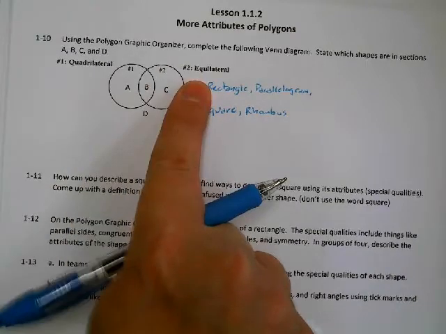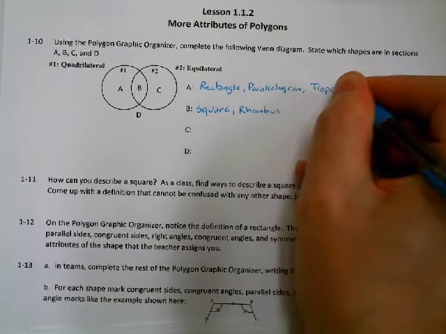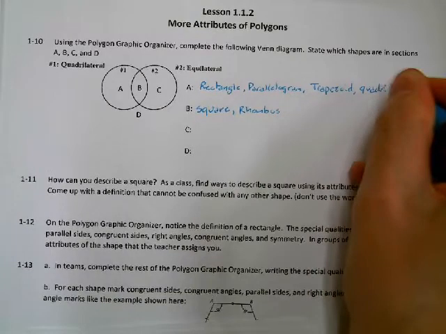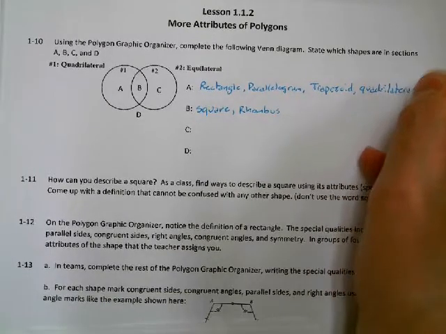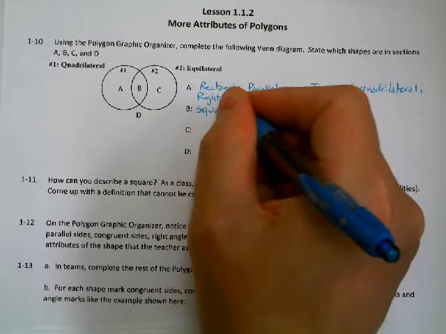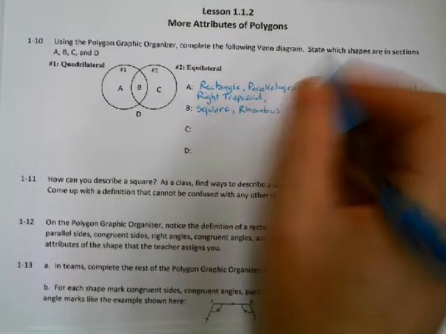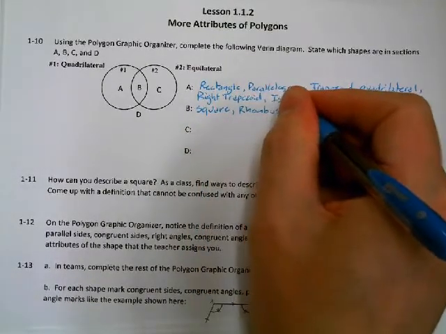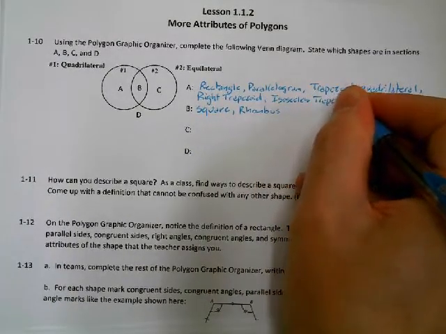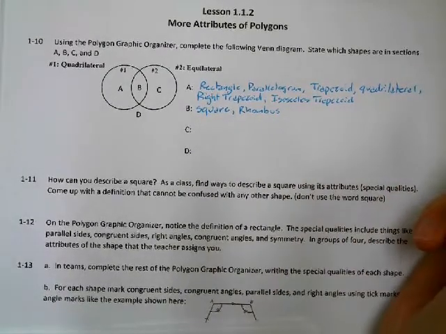So we can do trapezoid, quadrilateral, right trapezoid, isosceles trapezoid, did I get all of them? Trapezoid, quadrilateral, oh, kite, and kite.